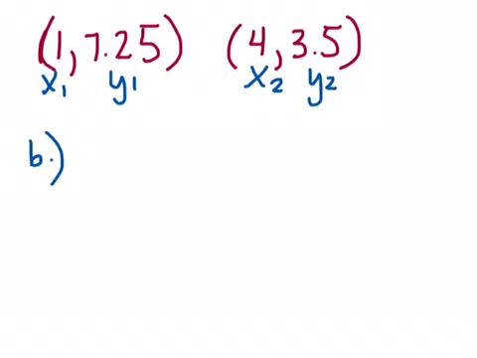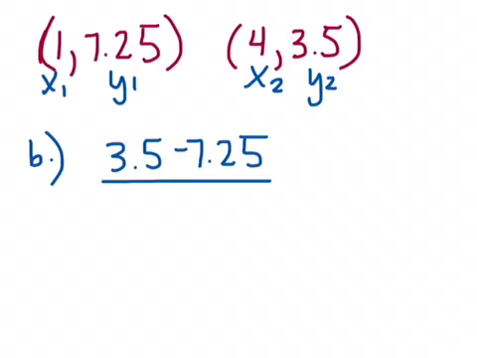So we're going to do y2 minus y1, so 3.5 minus 7.25, over x2, which is 4, minus x1, which is 3. And you can just put that in your calculator. Remember, let's talk about units as we go here.